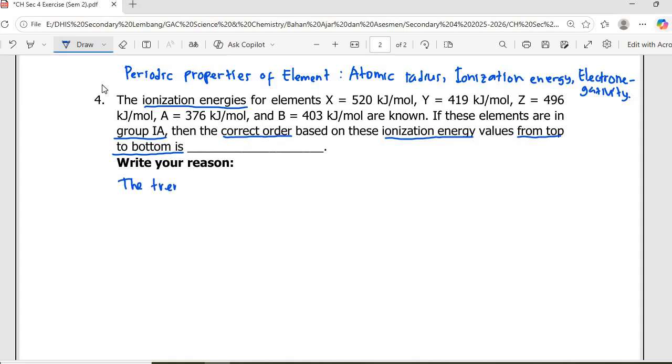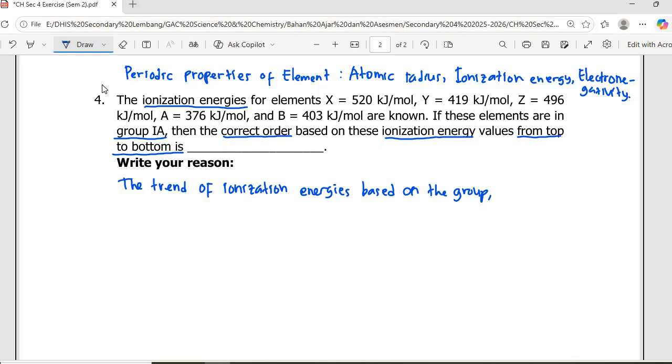What is the trend of ionization energy based on the group? If you still remember, you can also check the material that I have shared with you in the classroom.